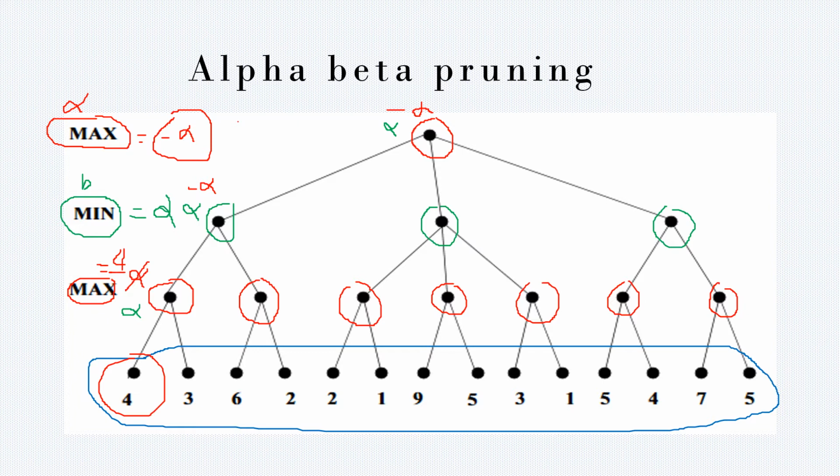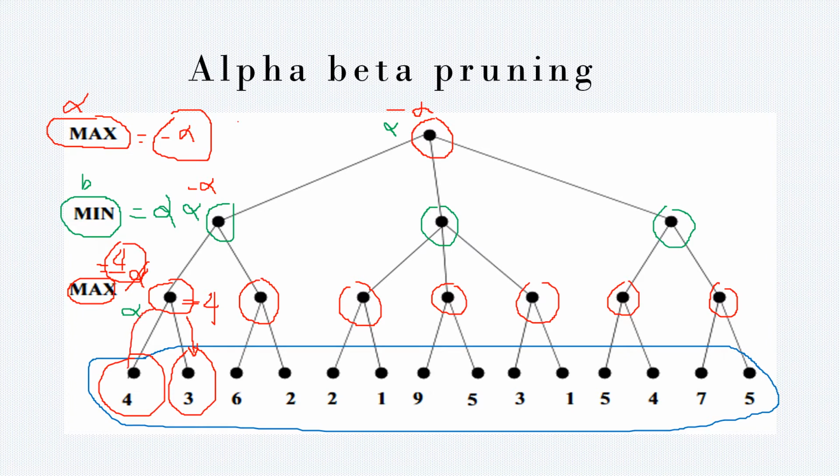Again, Max will search the next node, and here the value is 3, so it will compare 3 with 4. 3 is less than 4, so Max will keep the value 4. Now the value of Max becomes 4, and the node value is also 4.